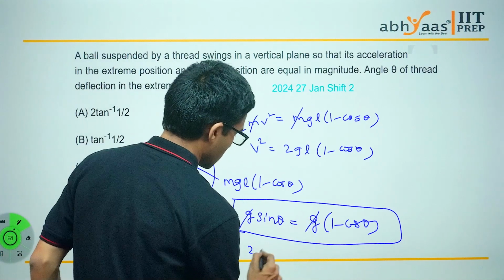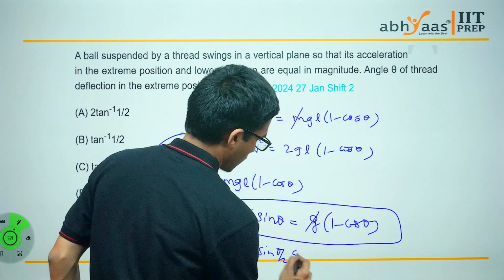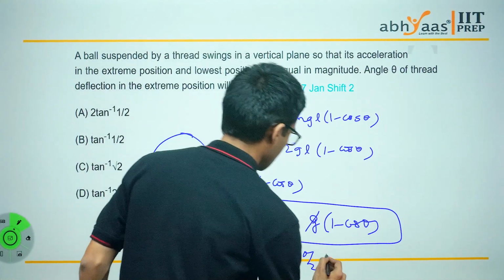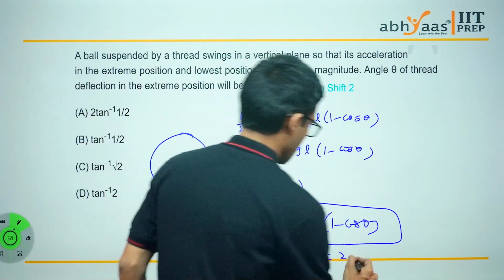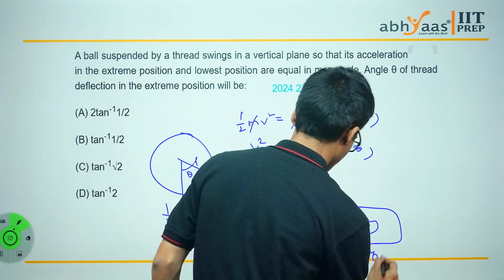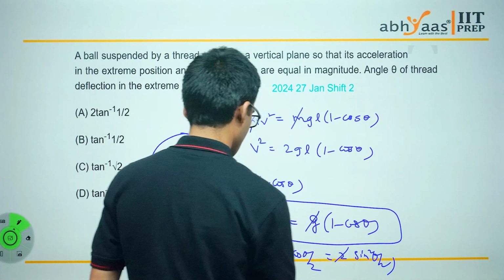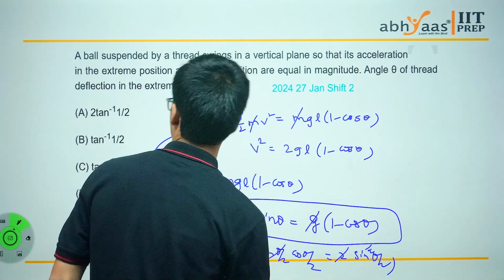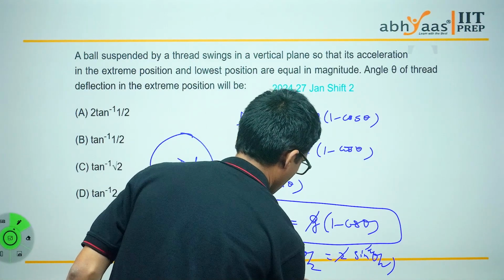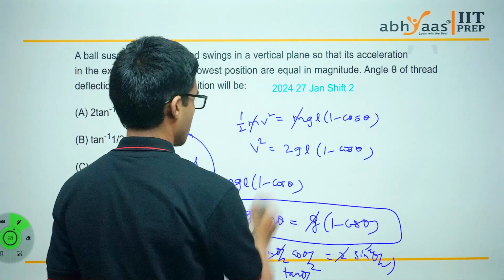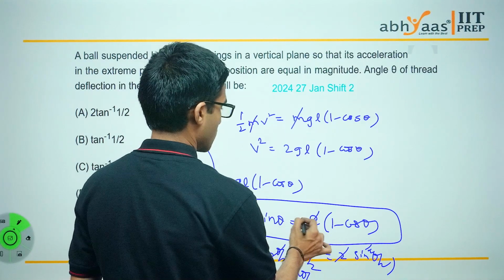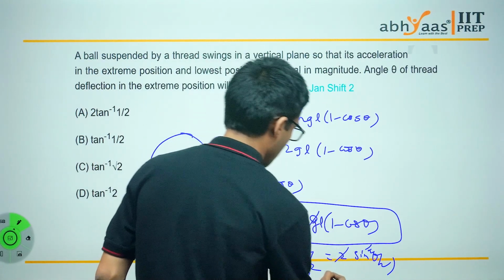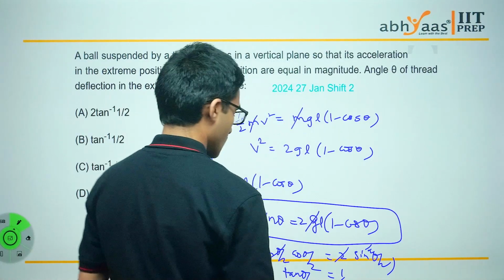Writing 1 minus cos theta as 2 sin square theta by 2 and sin theta as 2 sin theta by 2 cos theta by 2, sin square gets cancelled. So tan theta by 2 is equal to, here 2gl, the remaining things are the same, l and l get cancelled, finally you will get 1 by 2.